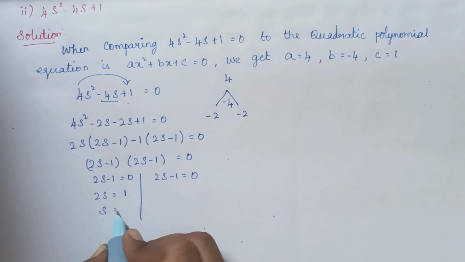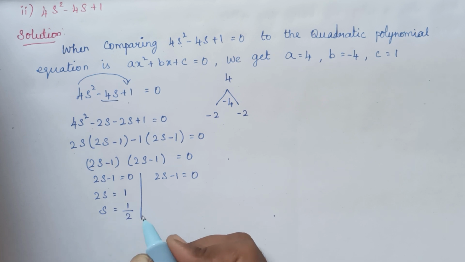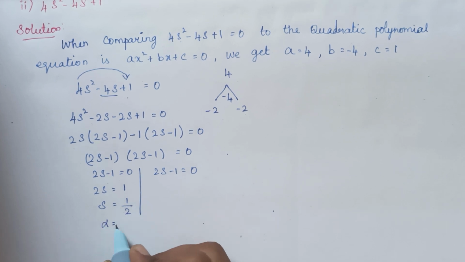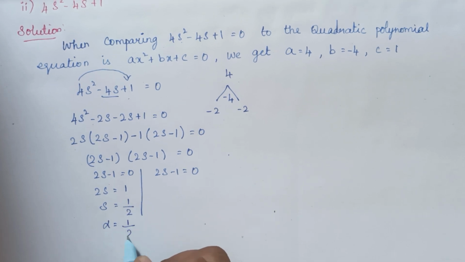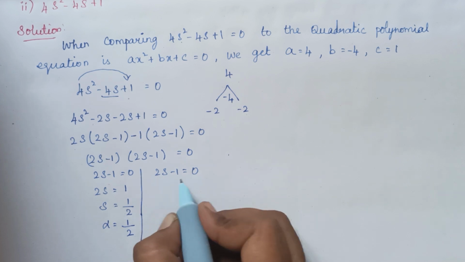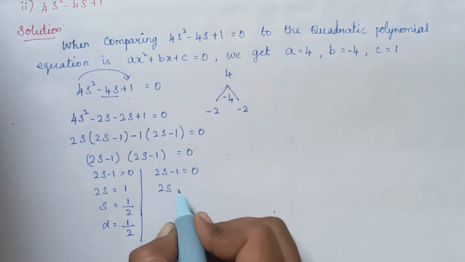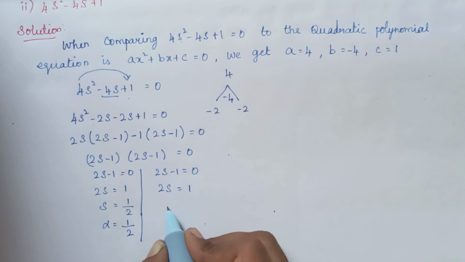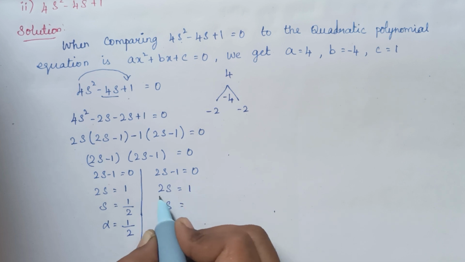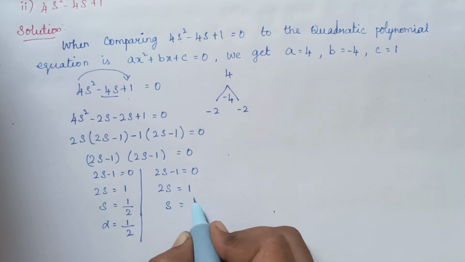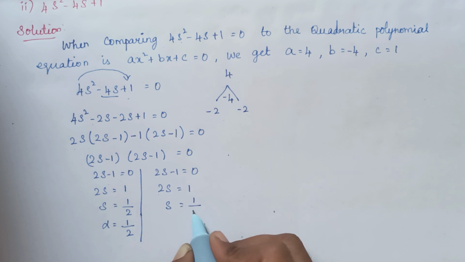So s is equal to, multiplication comes this side as division, s is equal to 1 by 2. So that is alpha is equal to 1 by 2. Now here the same: 2s is equal to minus 1 comes this side as plus 1, so s is equal to 1 by 2. Then beta is equal to 1 by 2.